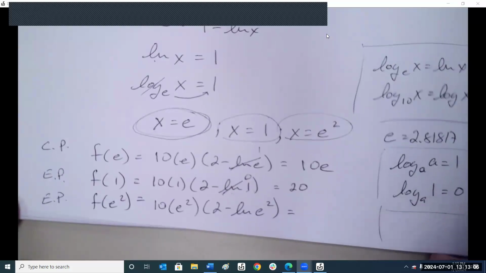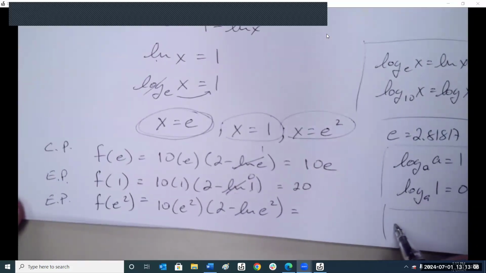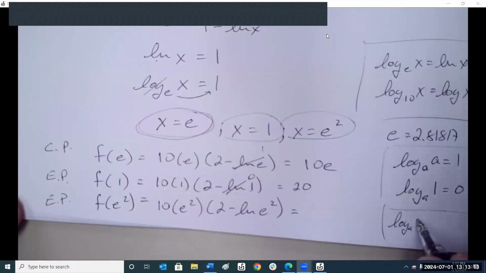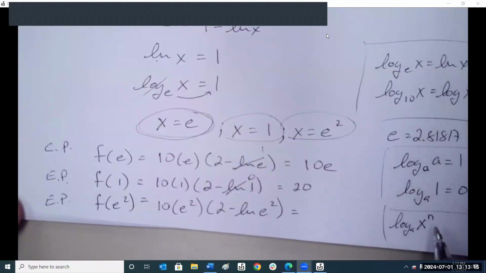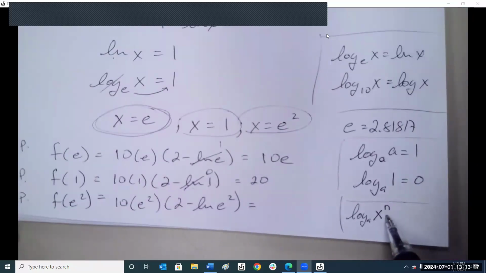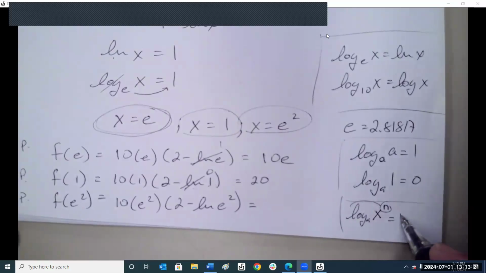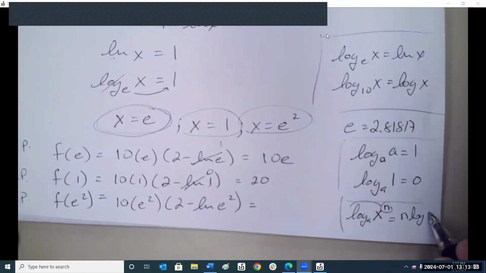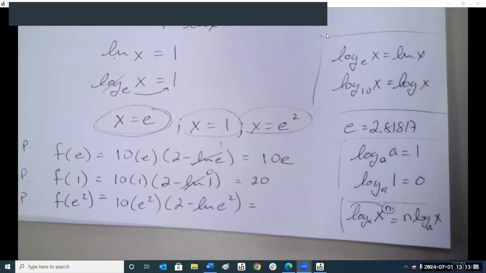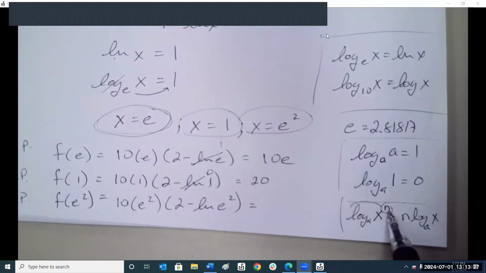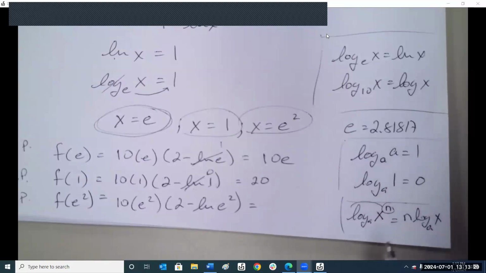There's also another property that we have to use for the next one. If you have an exponent inside the log, it comes out in front.